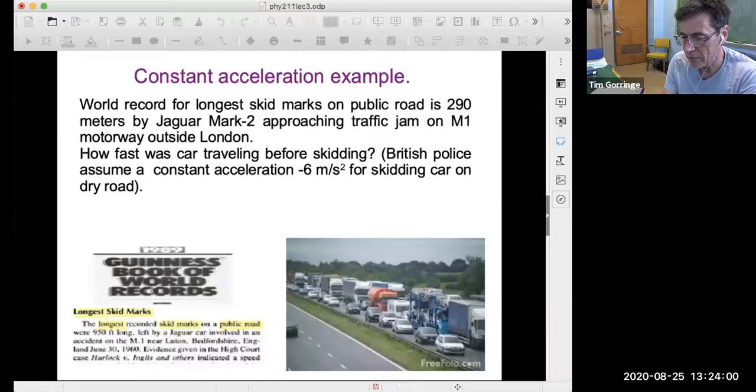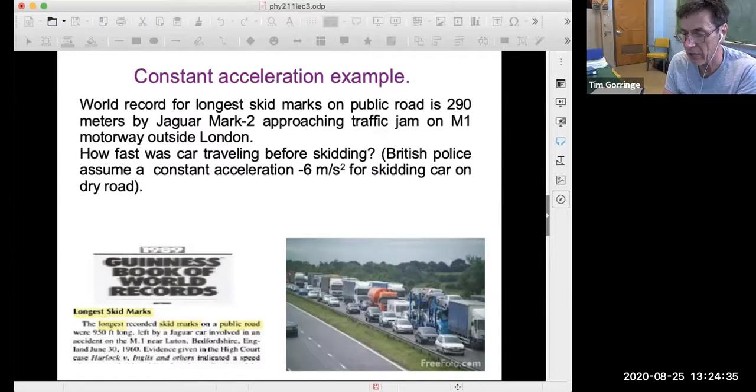And the question is, the police figured out how far the car was traveling before it locked its brakes and started skidding. That's what we're going to do. We're going to figure out the initial speed of the car based on this information. In doing that calculation, the police assume a known, measured average value for the acceleration, or the deceleration, when you skid.